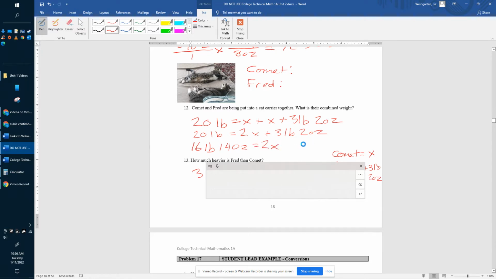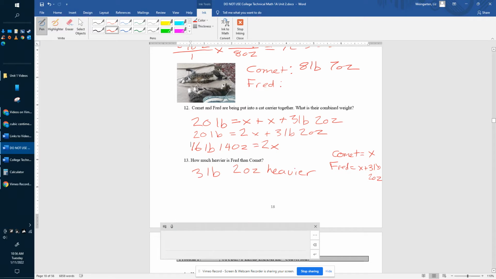Divide both sides by 2, and we get 8 pounds 7 ounces for Comet. Fred weighs 3 pounds 2 ounces more, so Fred is going to be 11 pounds 9 ounces.